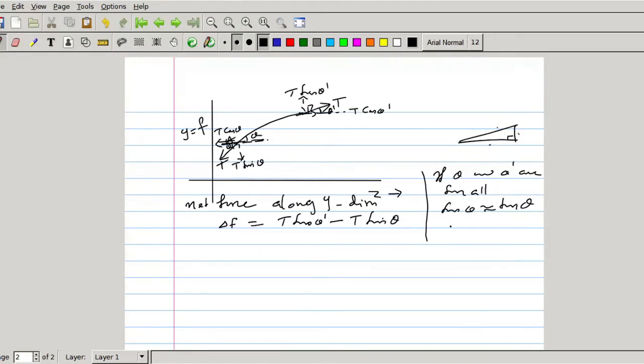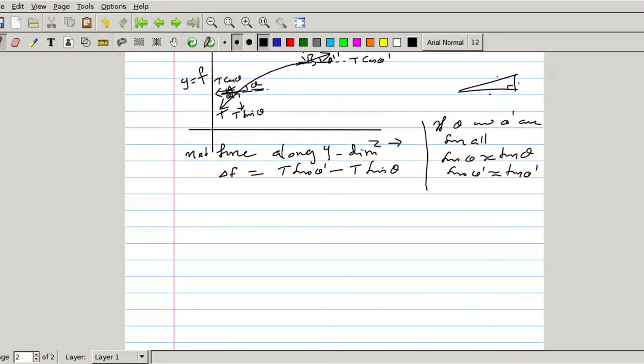So we can take sin theta approximately equal to tan theta, sin theta prime approximately equal to tan theta prime. So this equation becomes delta F equal to T into (tan theta prime minus tan theta).